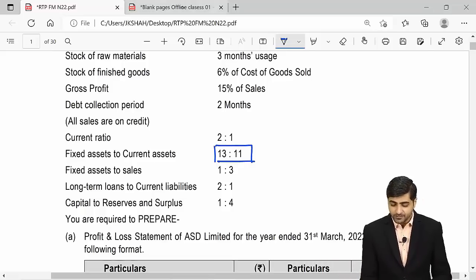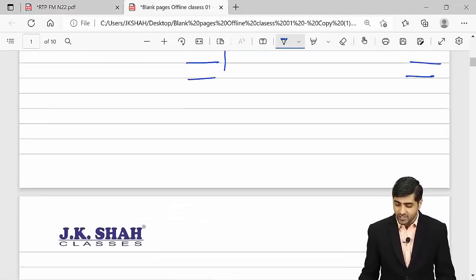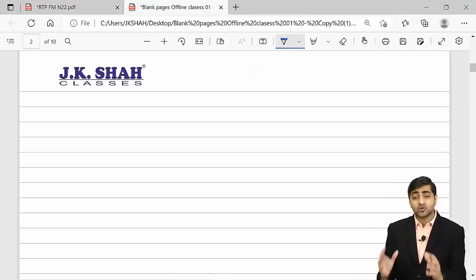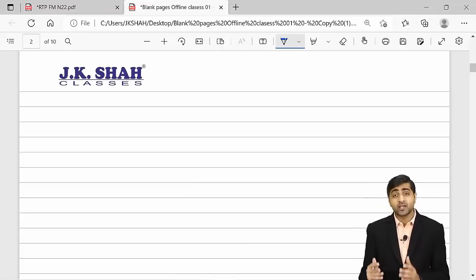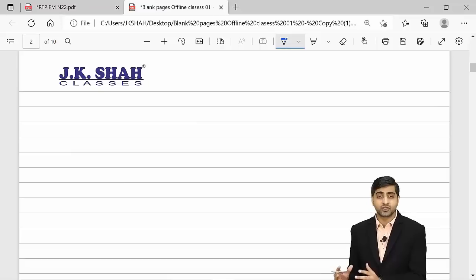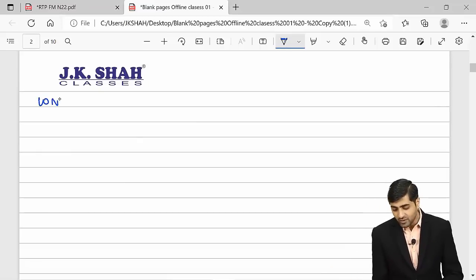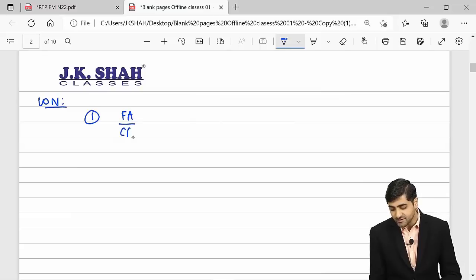Yes. So let's start with that particular ratio, and always remember that while solving such kind of questions you prepare adequate working notes. Working notes definitely form part of your solution. So in your working note, first we will start with fixed assets to current assets.